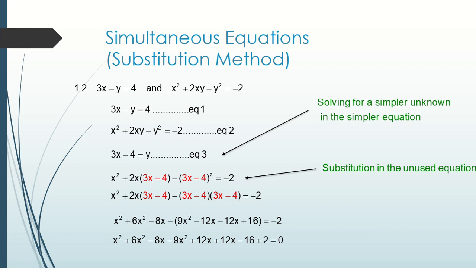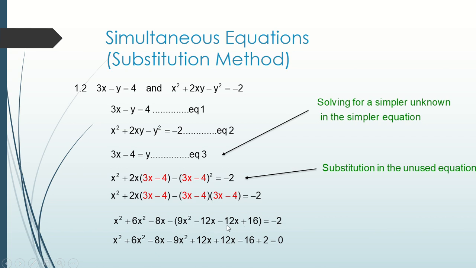So x squared plus 2x into 3x minus 4, and because we had a square here, it means we will have 2 of these. So once we've done that, then you have x squared. 2x times 3x is 6x squared. 2x times minus 4 is minus 8x. And then you multiply this as well. It becomes this.